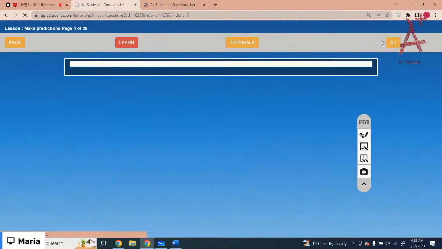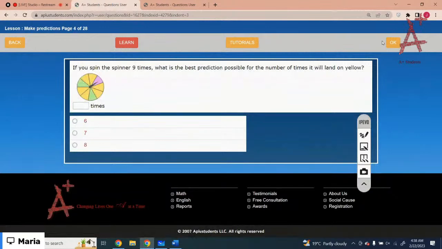Okay, the next one is: if you spin the spinner 9 times, what is the best prediction for the number of times it will land on yellow? So 1, 2, 3, 4, 5, 6, 7, 8, 9. 9 portions are on the spinner and the yellows are 1, 2, 3, 4, 5, 6.